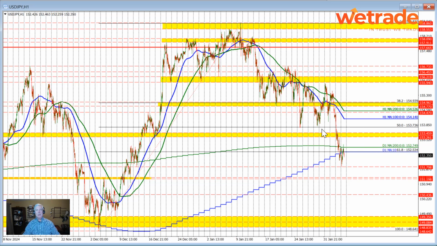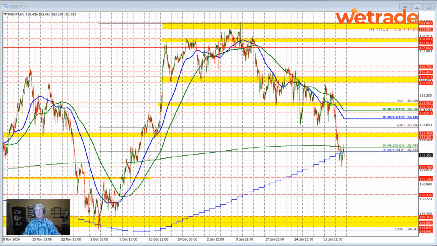That was broken in trading, and it was also a floor level a week or two ago, where the price bottomed right near that 50% retracement level. So that still remains a key level on the topside for the dollar versus yen. As long as the price remains below it, it's more bearish.